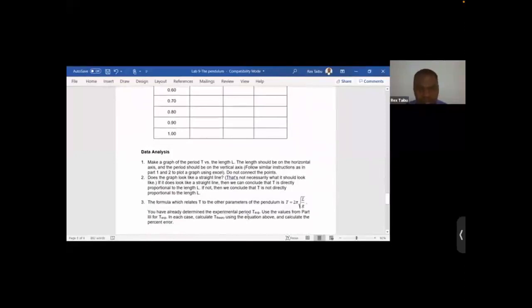This one is a graph of period versus length. On the y-axis there will be period, on the x-axis there will be length.